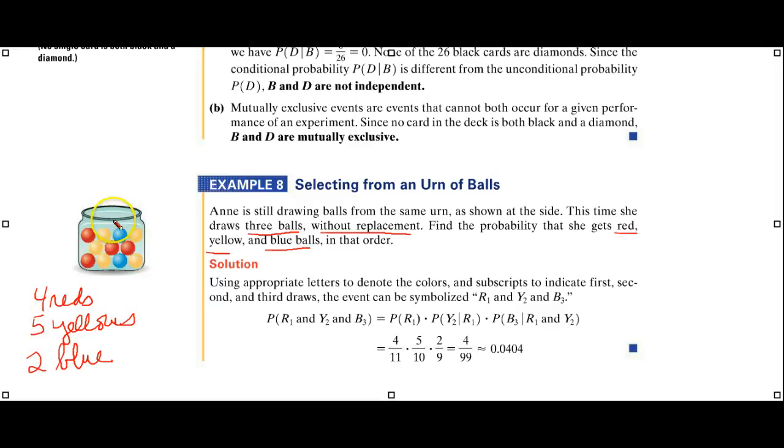So on her first choice, as she digs in there, the probability that she's going to get a red is 4 out of 11. Now, there were 5 yellow, but now 1 ball has been taken out. So the probability that she would get a yellow would be 5 out of, again, 1 less ball, 10. And there were 2 blues, but now 2 balls have been taken out, would be 2 out of 9.